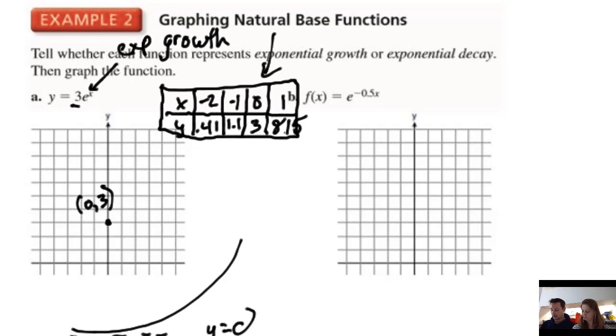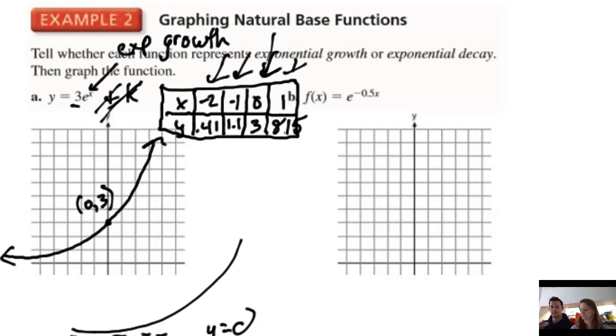It only has a horizontal asymptote at y equals 0 because we haven't done a vertical translation. There's no plus k, where k is the vertical shift. Since that isn't there, our horizontal asymptote is y equals 0.